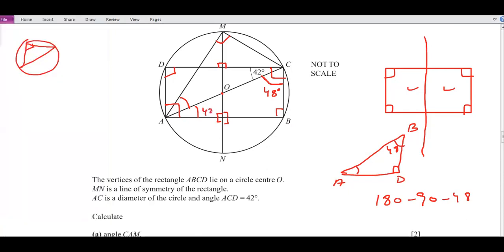It means this angle is 42. Now, to find this angle, let's consider this triangle. This is triangle ACB. We know this is 90 degrees.